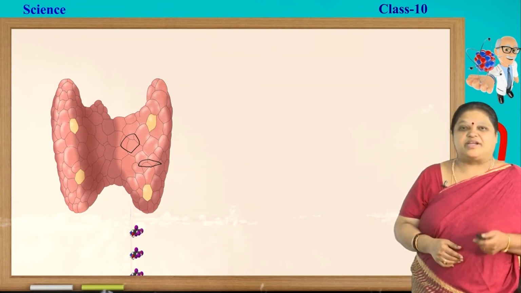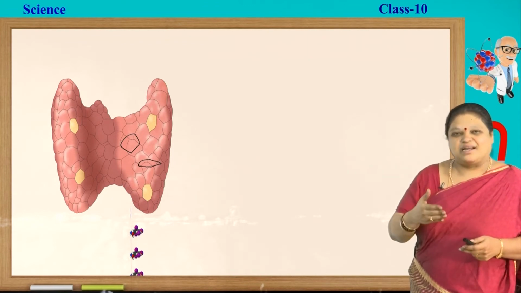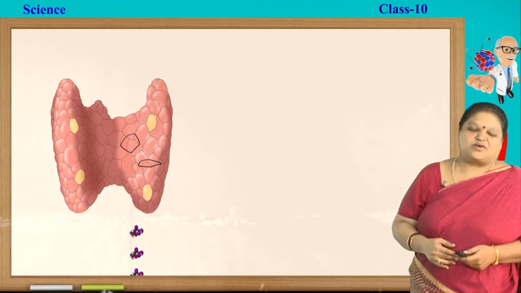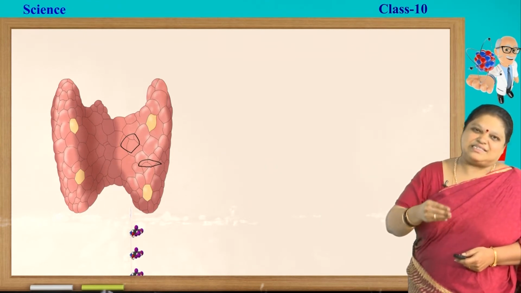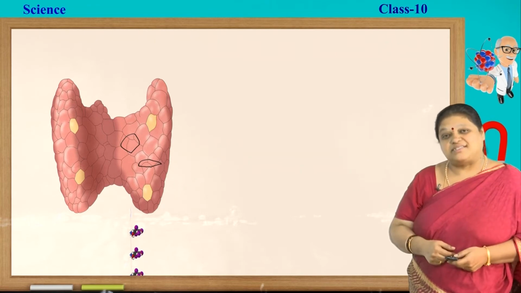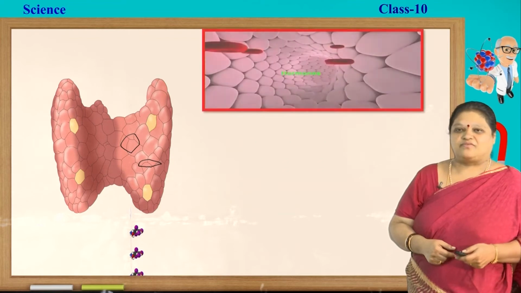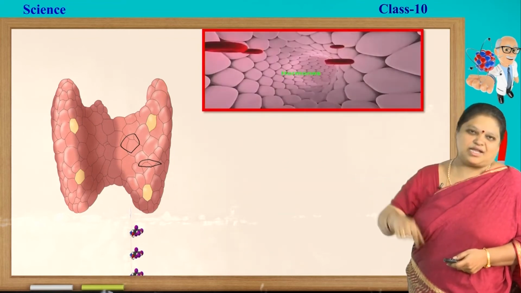They are also called endocrine glands. Endo means inside, crine means secretion. So, it is an inside secretion. Where does this secretion move? Of course, it moves through the blood.